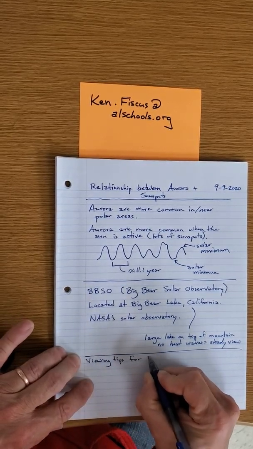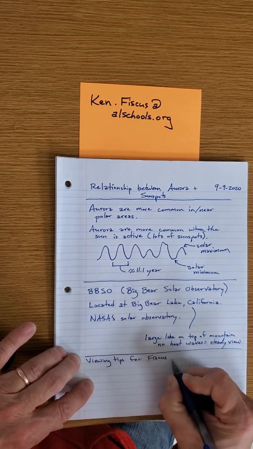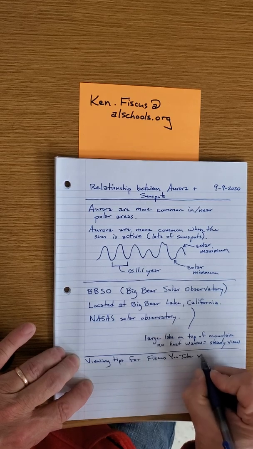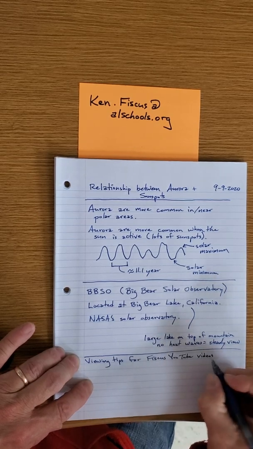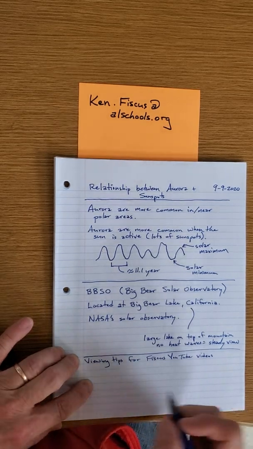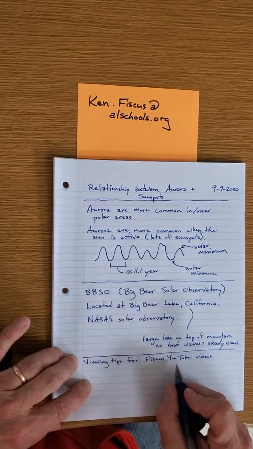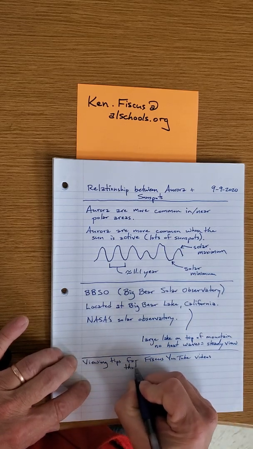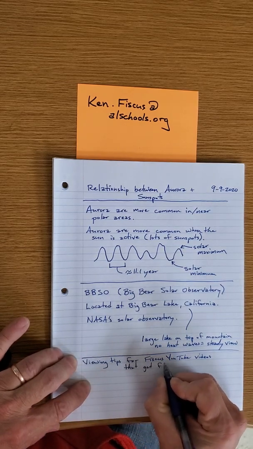For Fiscus YouTube videos that get flipped. You don't have to write this part down if you can just remember this trick. Viewing tips for Fiscus YouTube videos that get flipped.